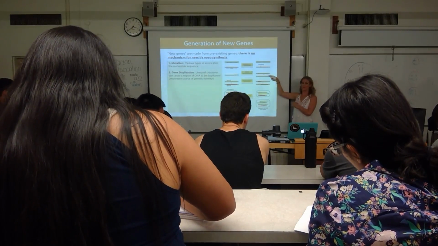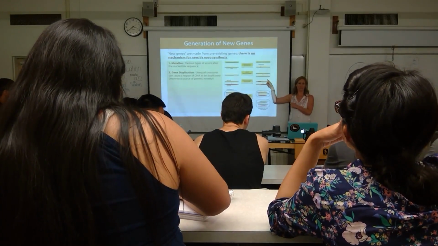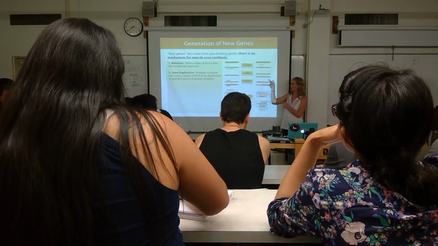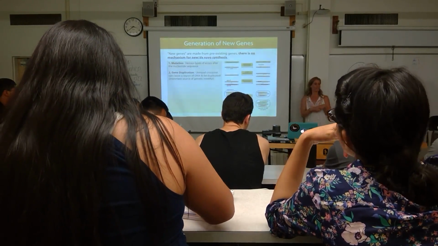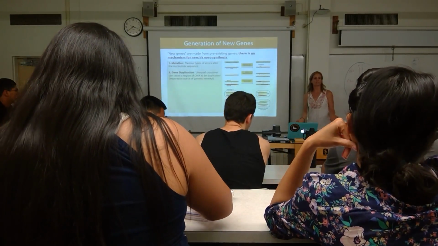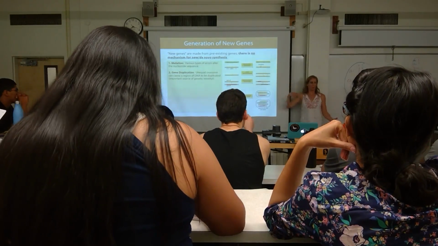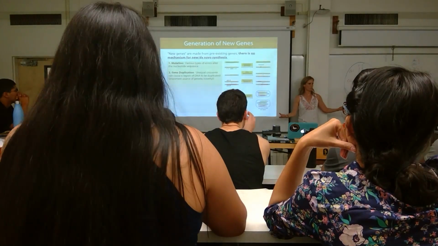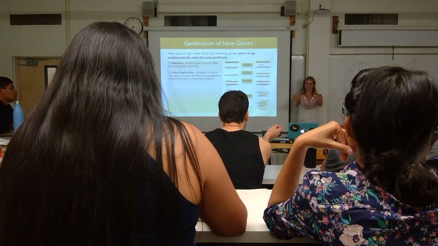This is a really important driver of genetic change. So we're going to dedicate a lot of today's lecture to gene duplication and how gene duplication can lead to something called gene families if it's coupled with divergence. So divergence, just like the dictionary definition, what does to diverge mean?